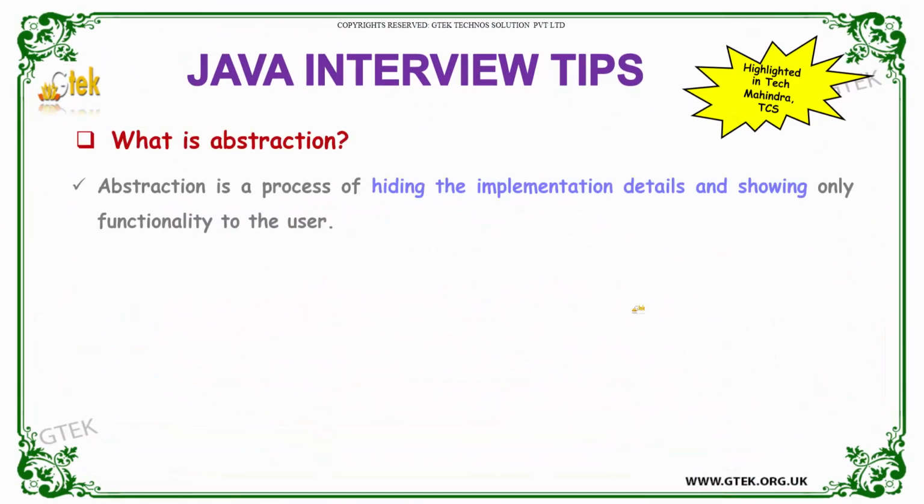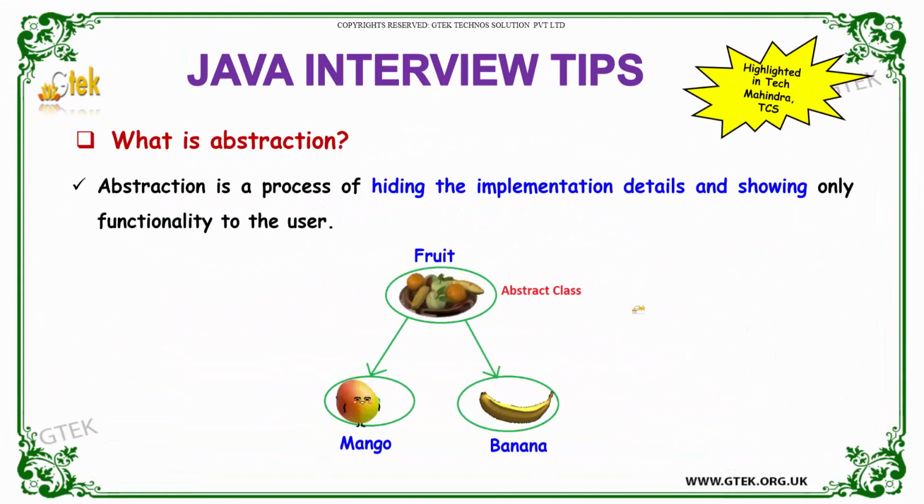Let us move on to our next question. What is meant by abstraction? Abstraction is nothing but a process of hiding the implementation details and showing only the functionality to the user.